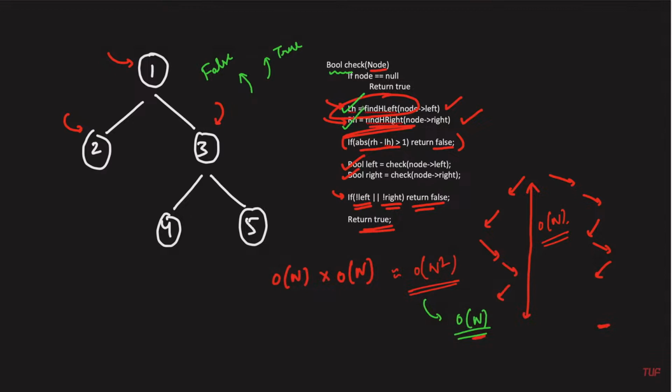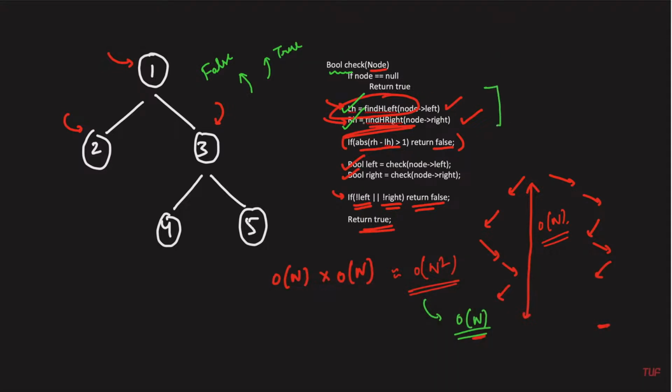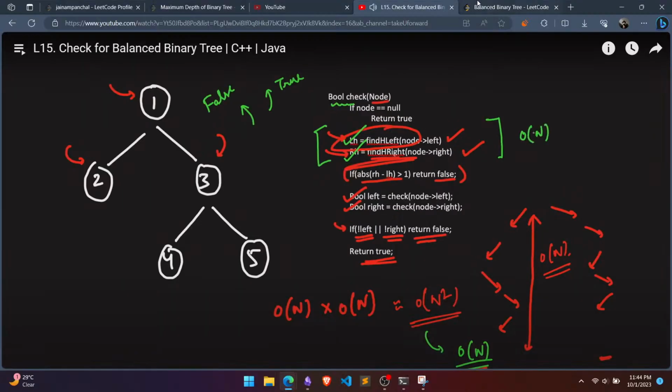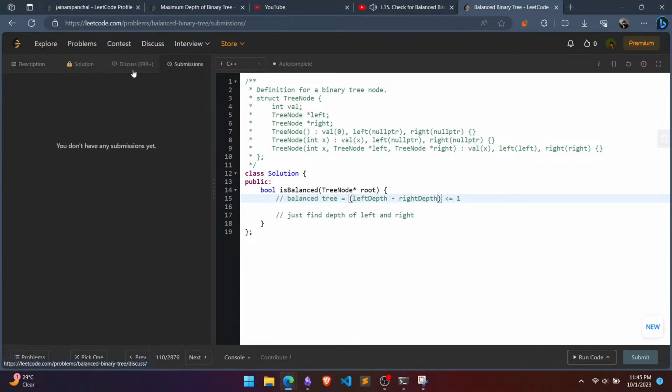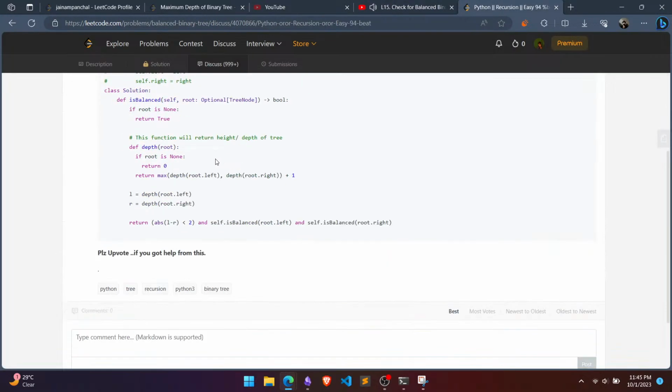Because that's tough. I have to do something else. If I can reduce this time, because this is where I'm taking an extra big O of n, if I can omit this time, I think I can convert my solution to a big O of n complexity. So let's discuss the big O of n complexity solution.